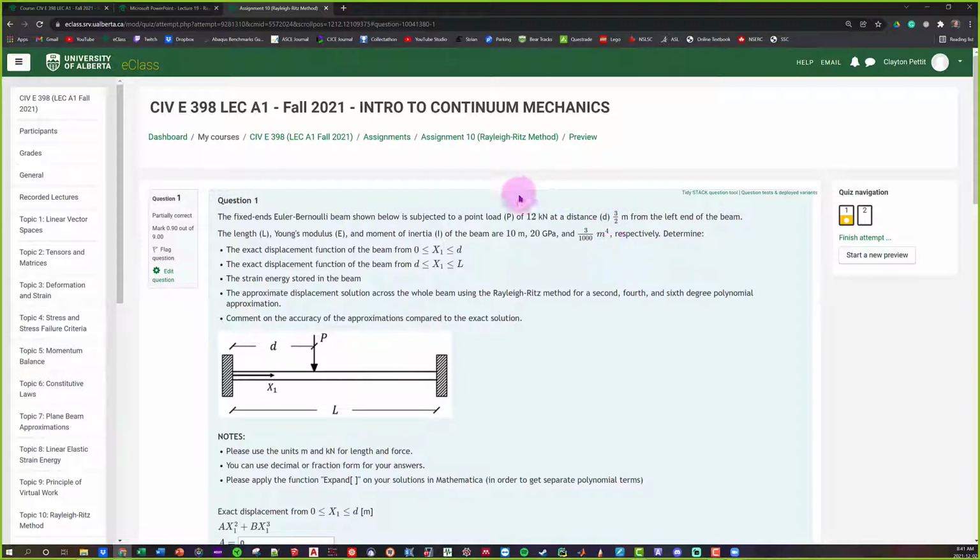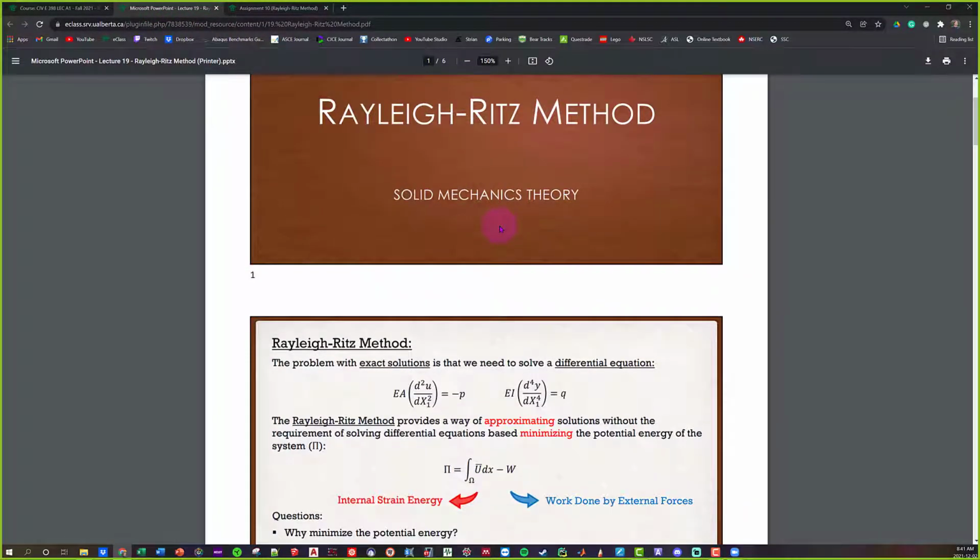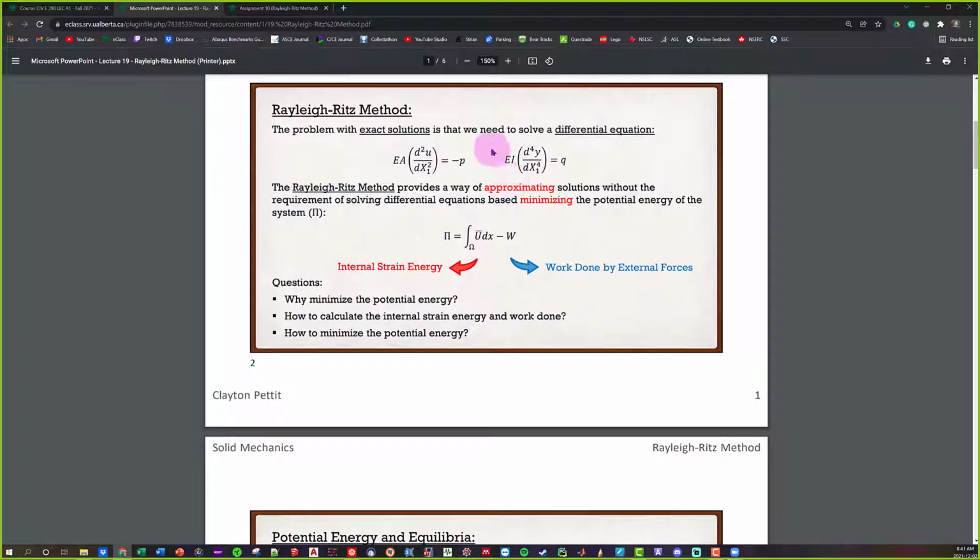No, exactly. So what actually happens is the first trick is that you don't go to the strain energy lecture. We can go to this lecture, the Rayleigh-Ritz method, because we said that we have an internal strain energy term right here, which is the integral over the domain of u bar.